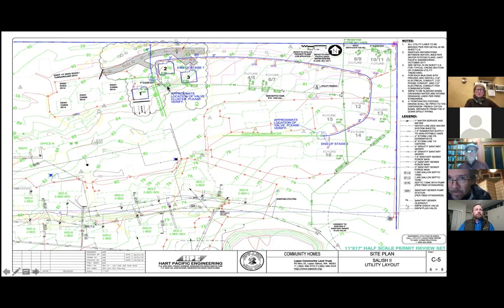So you want to make sure that when you're looking at a site plan, you know what all of these mean. I don't know if you can see this very well on your screen, but this is a septic tank, and it says 1.5, meaning it's 1,500 gallons, and then this is your pump station, the PS. And so again, you're probably going to have to install this.